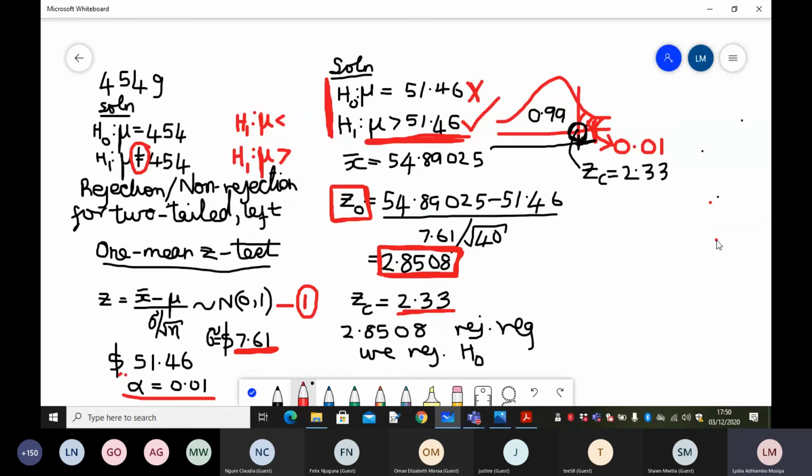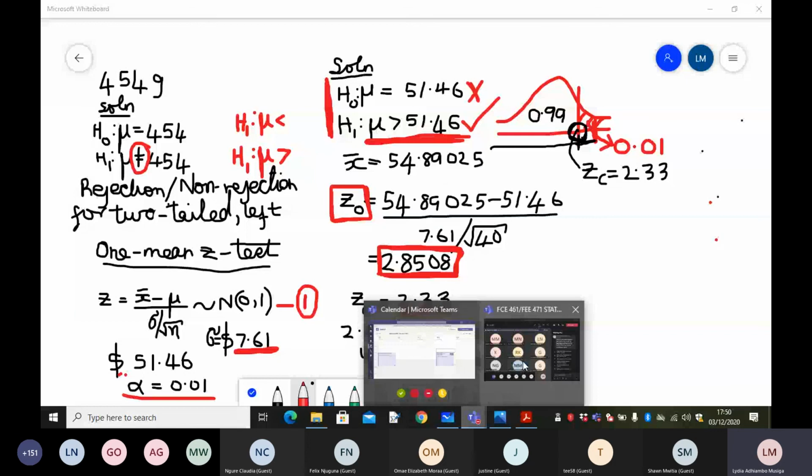Maybe we would find that we do not reject H0. So we are rejecting H0 because the level of significance is 1%. At a different level of significance, we may not reject H0. That's why it's important to state the level of significance.